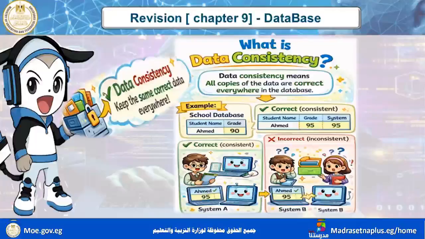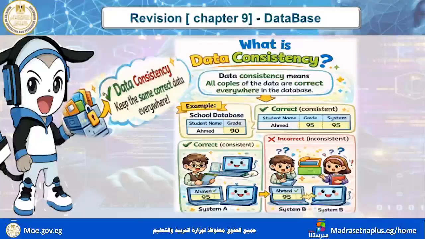For example, in a school database, we have student name Ahmed, grade 90. In another place, student name Ahmed, grade 95. So this is inconsistent data.